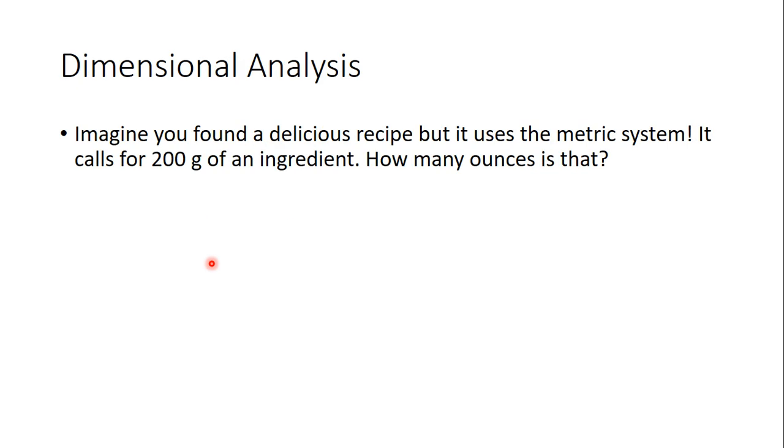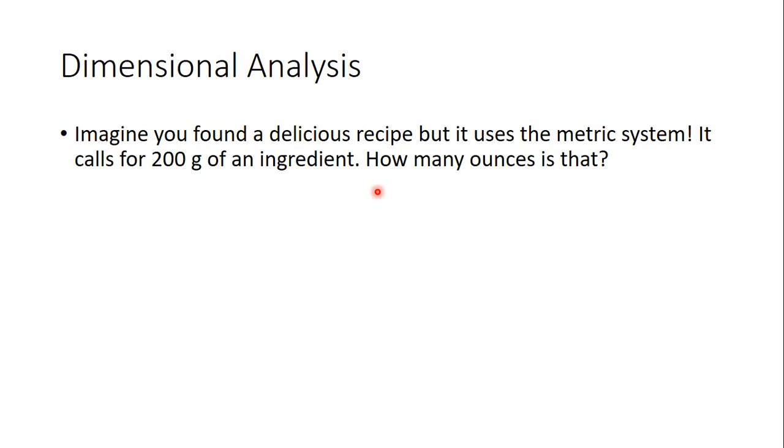Now, what is dimensional analysis exactly? So imagine that you're looking to cook dinner and you find an amazing recipe on a website, but oh no, it's from England and they use a metric system and you're American and you don't know what that means. So it calls for 200 grams of an ingredient. Well, how many ounces is that?